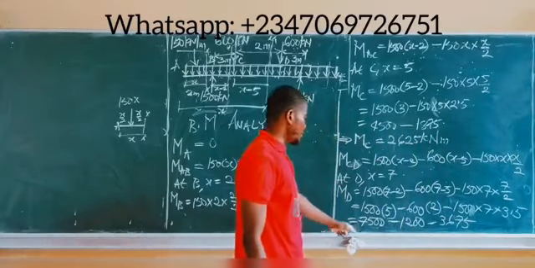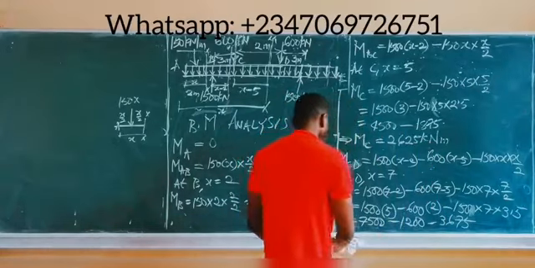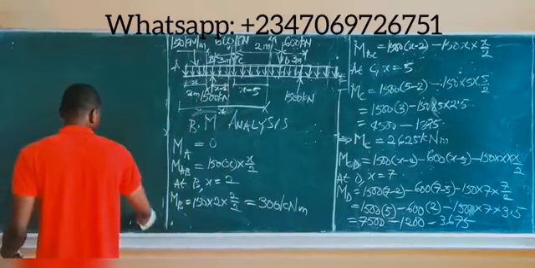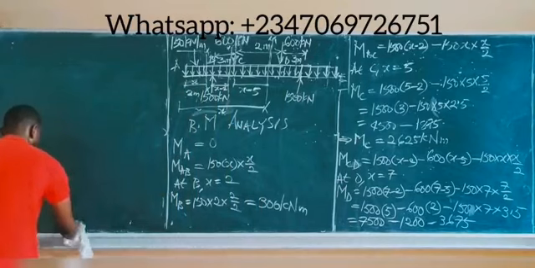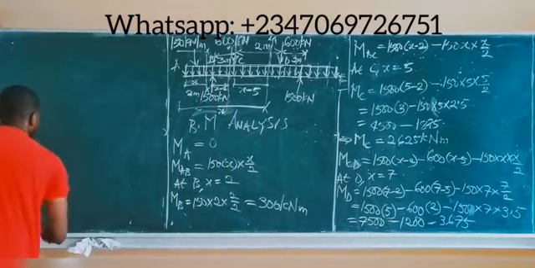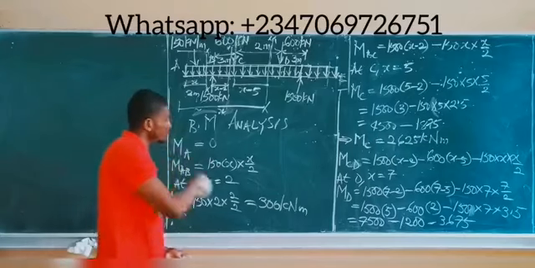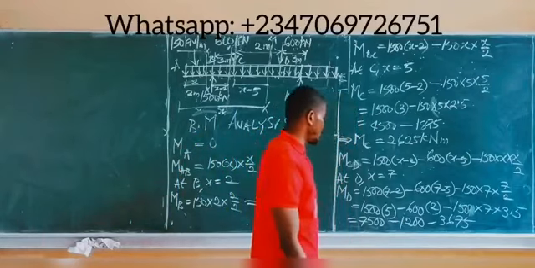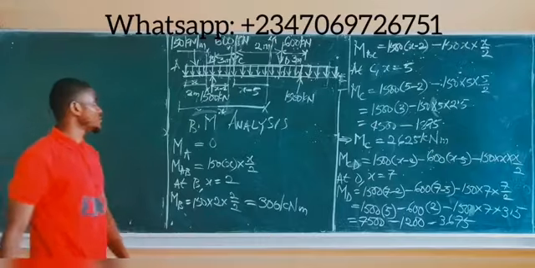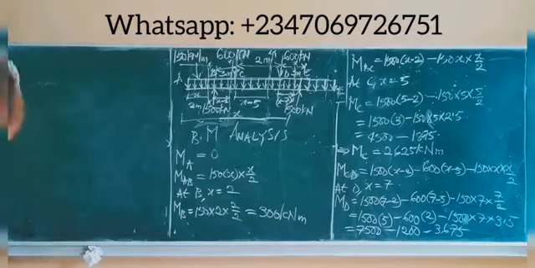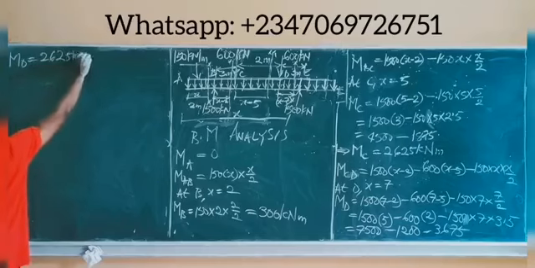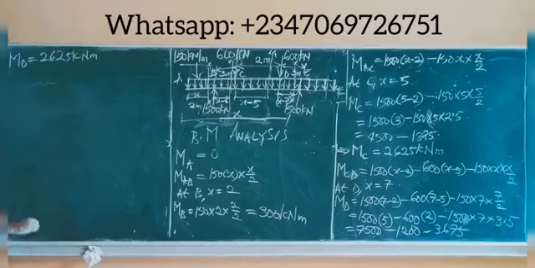So 7,500 minus 1,200 minus 3675. The moment at that point is 2625 kilonewton meters.